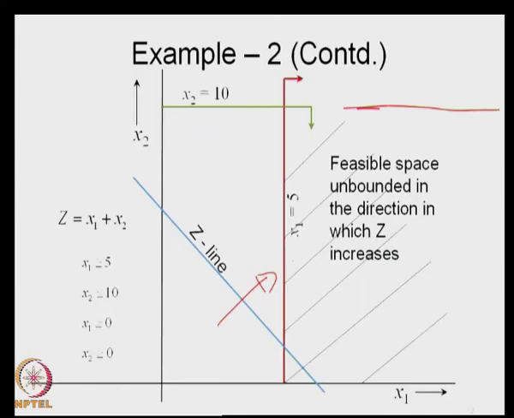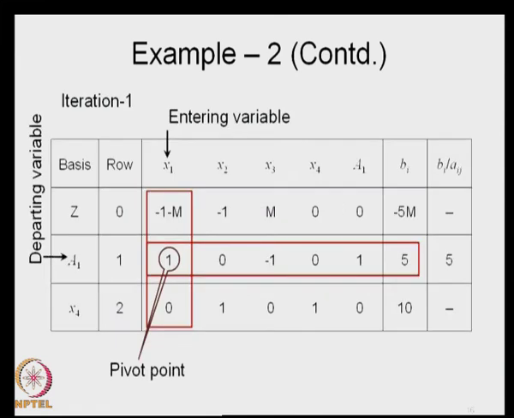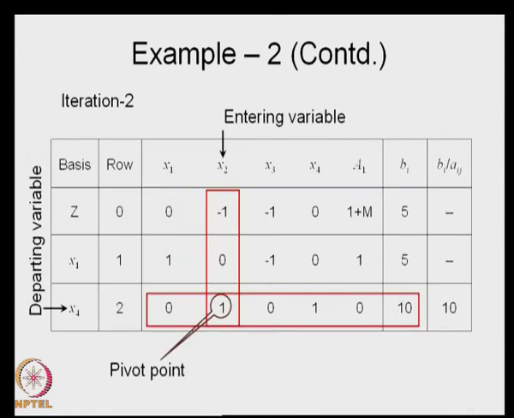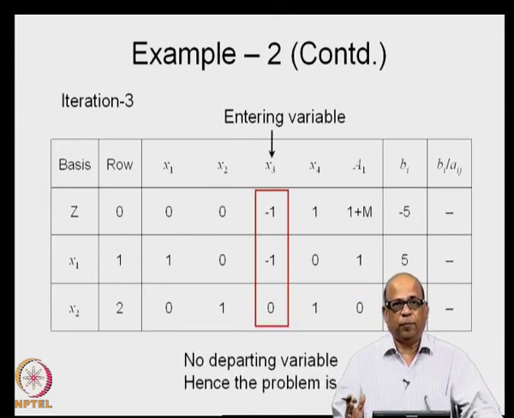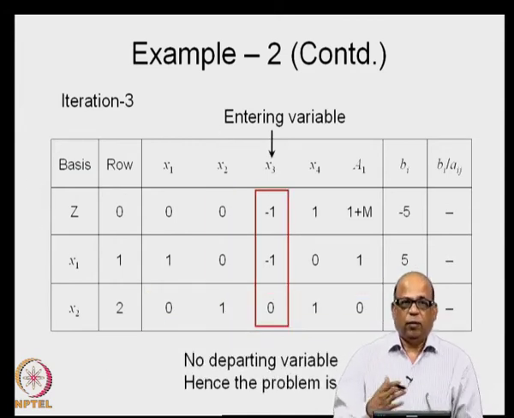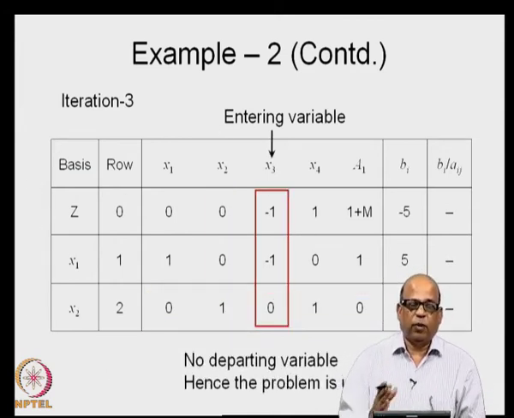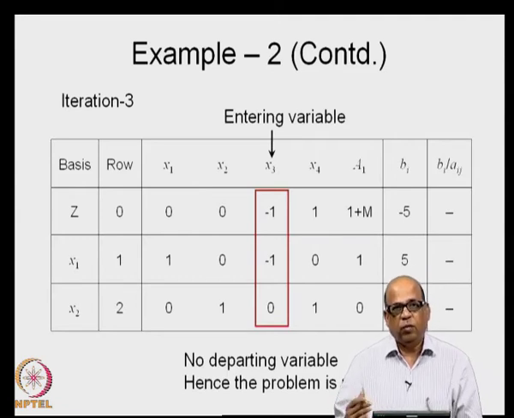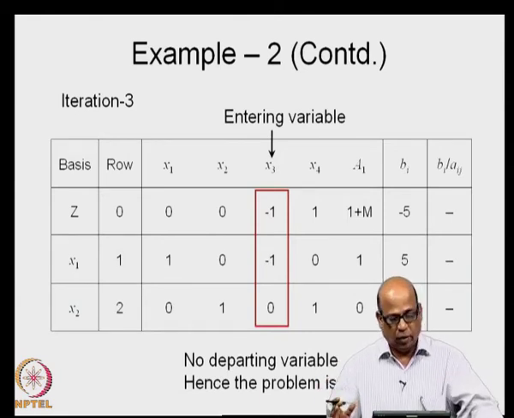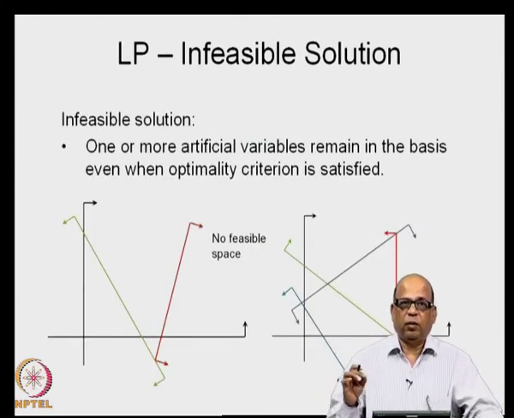So, whenever you introduce the artificial variables, if the problem is feasible, the artificial variables leave the basis sooner than later. In fact, in most of the cases, if you have one or two artificial variables, within the first few iterations, the artificial variables will all leave the basis, and therefore, they become non-basic variables. Therefore, in the solution, they will have artificial variables equal to 0.